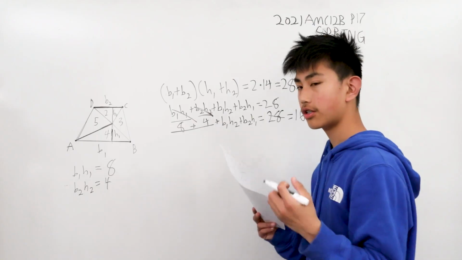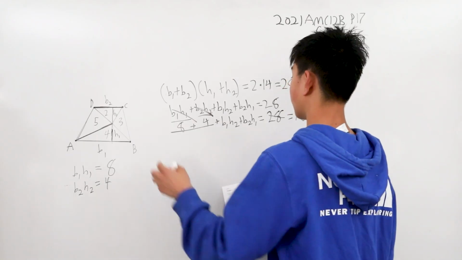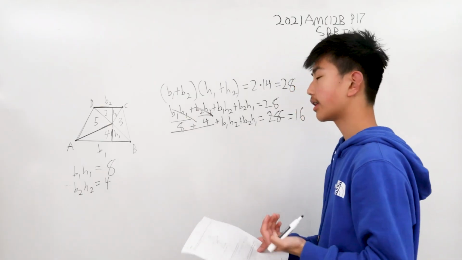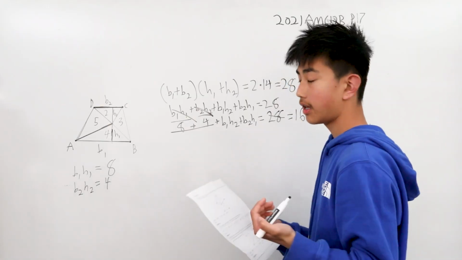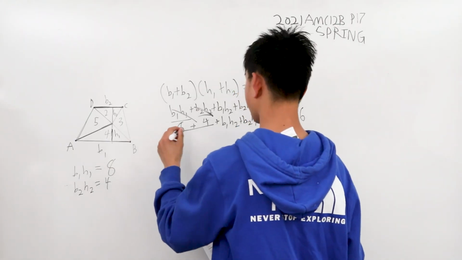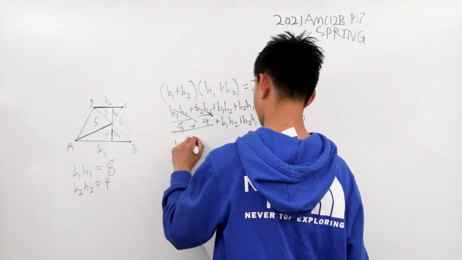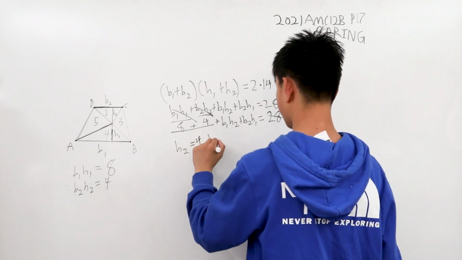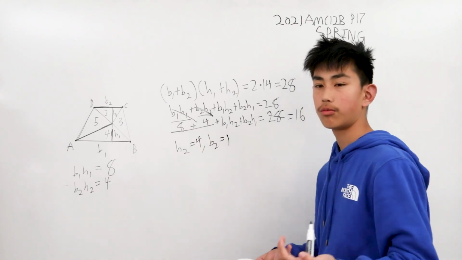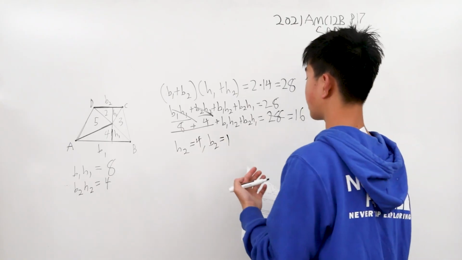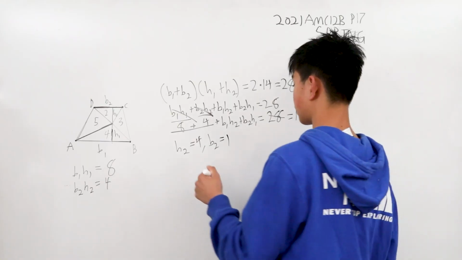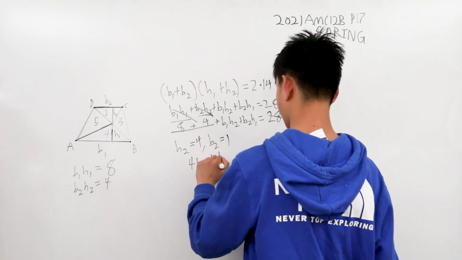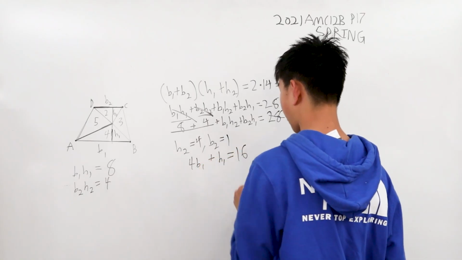So the only other integer configuration for B2 times H2 is 4 and 1. So we let H2 be 4 and B2 be 1. After we assume these values, B1 times 4 plus H1 is 16.